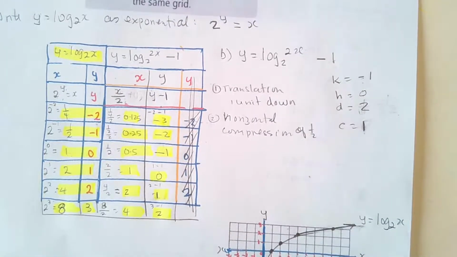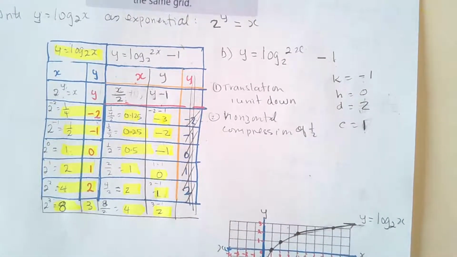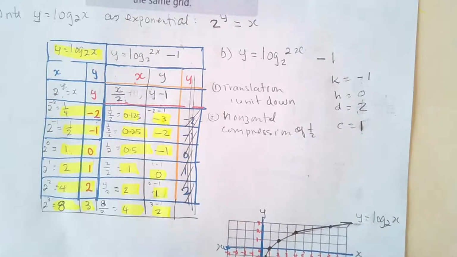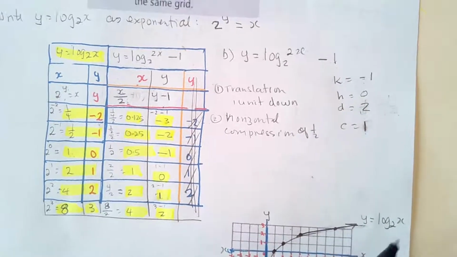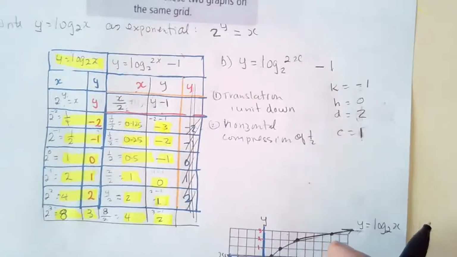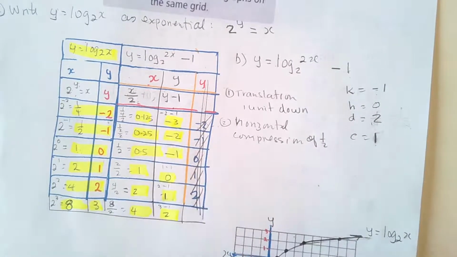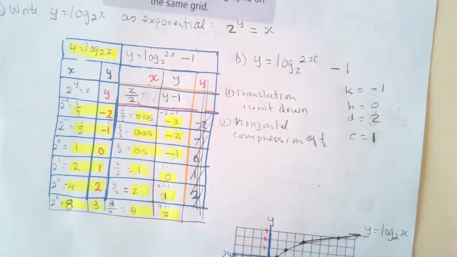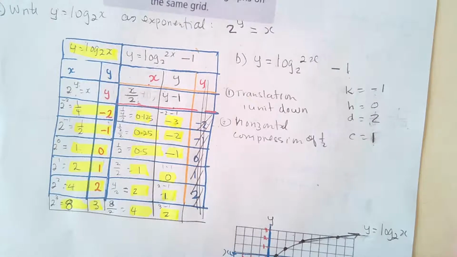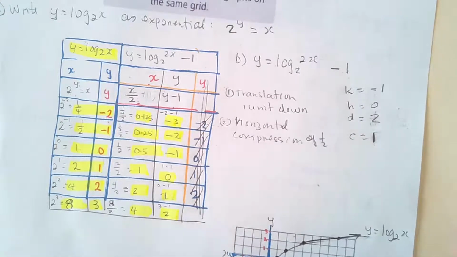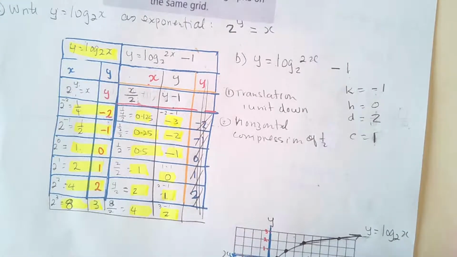So I'll do that in a different color. Then we have 0.25, -2, which is pretty close, not the same.